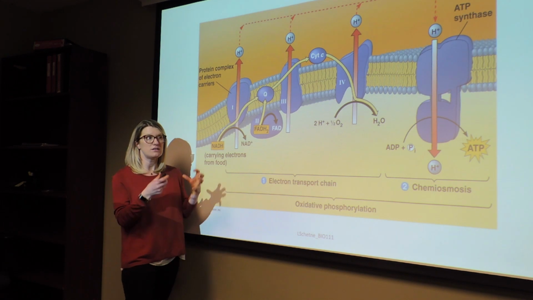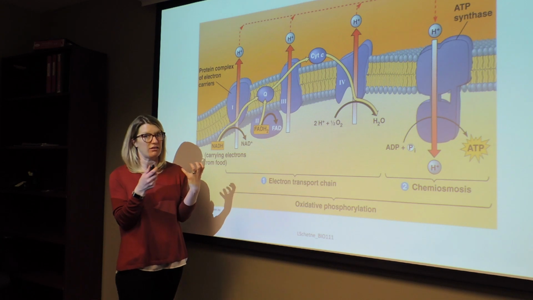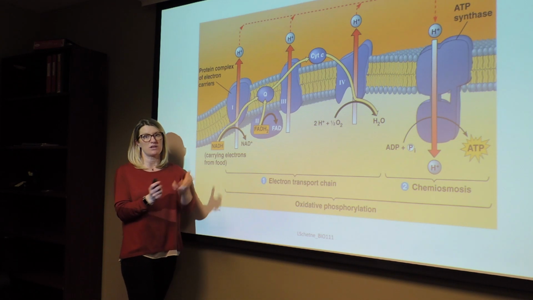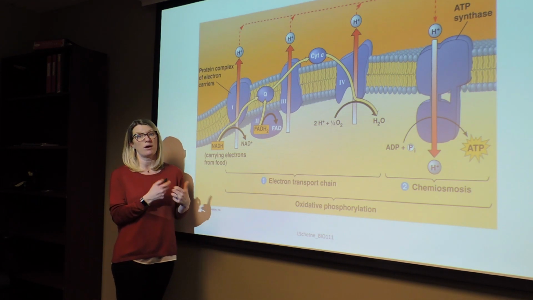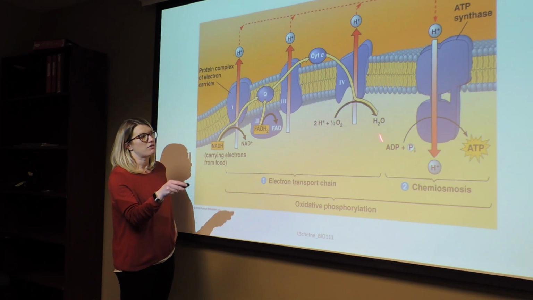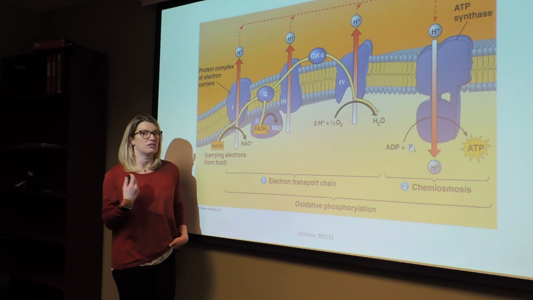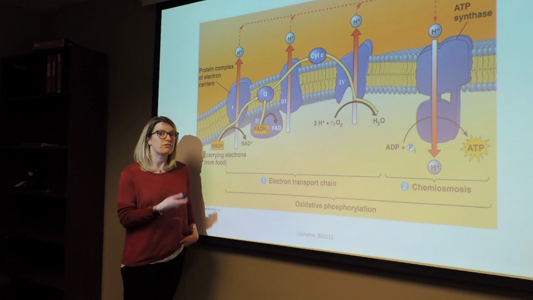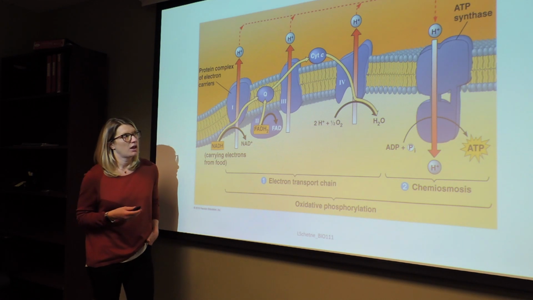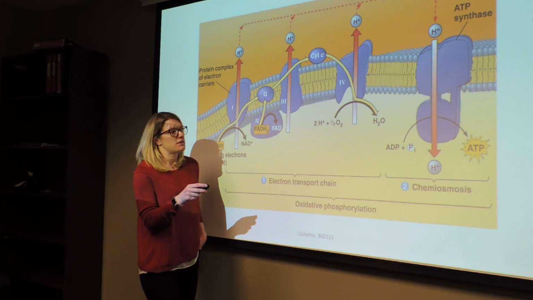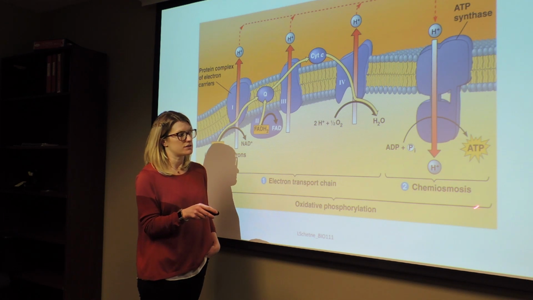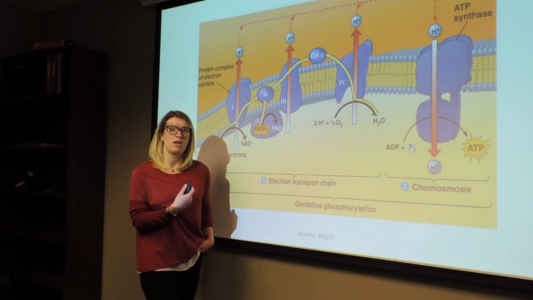And again, because that inner membrane of the mitochondria is highly folded, there are thousands of electron transport chains shoved into one mitochondria. So we have a huge possibility of making a lot of ATP after every single electron transport chain.